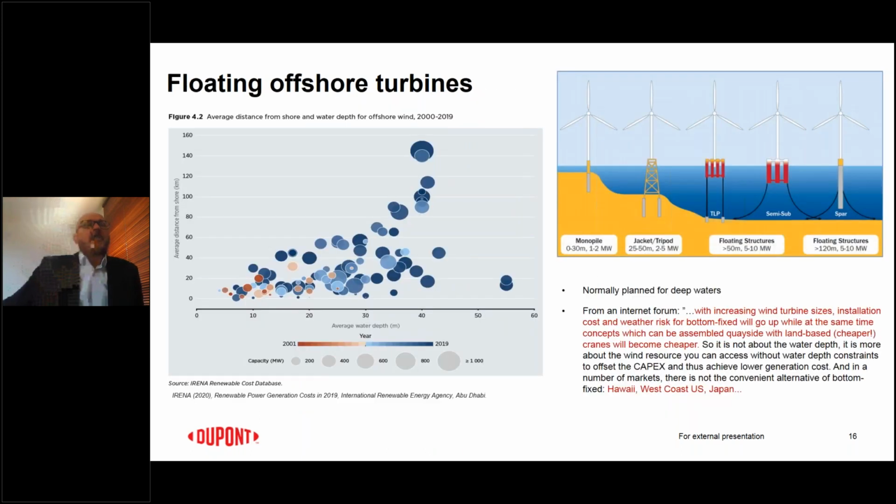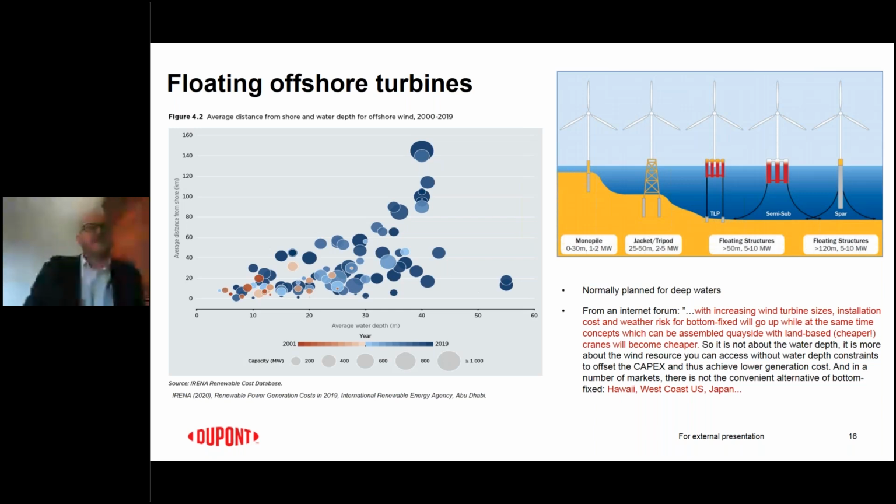And this is another aspect of the offshore installations. The interesting chart from Irina shows the size of the turbines, as the size of the bubble, and the distance from the shore or the depth of the seabed.